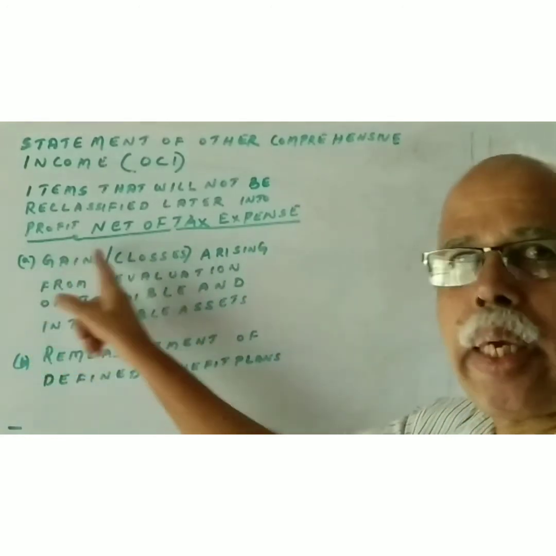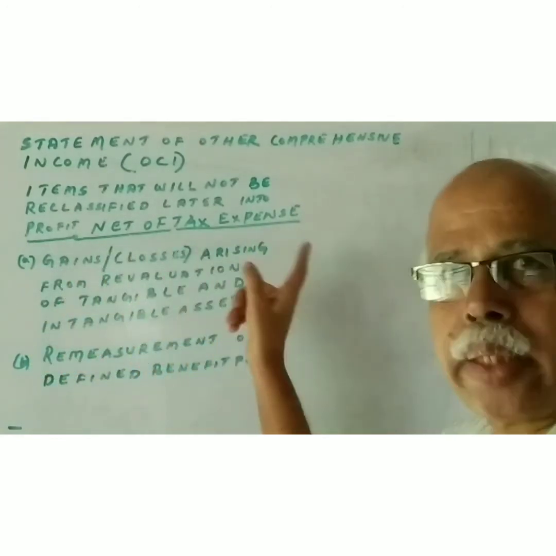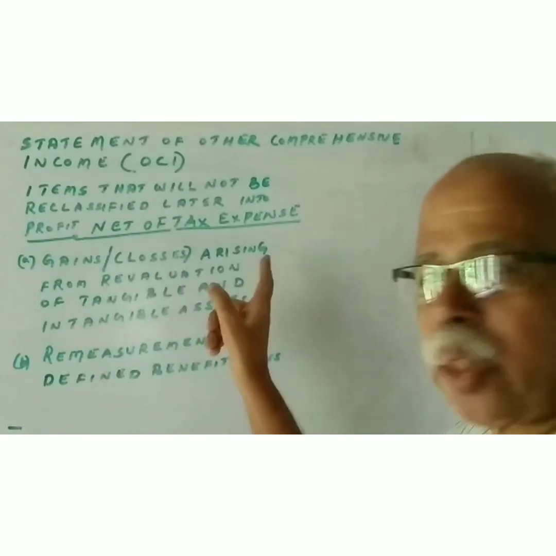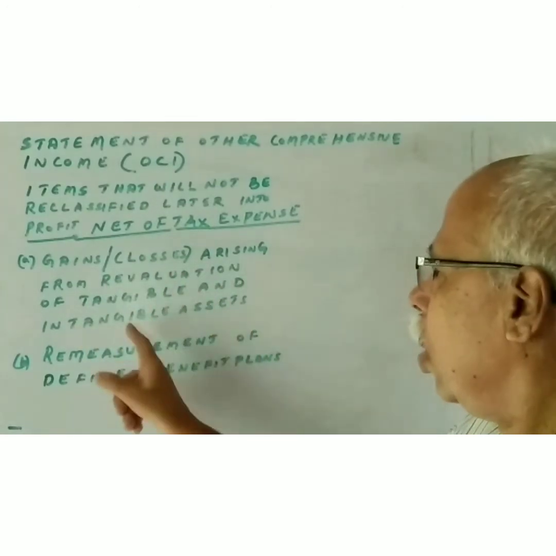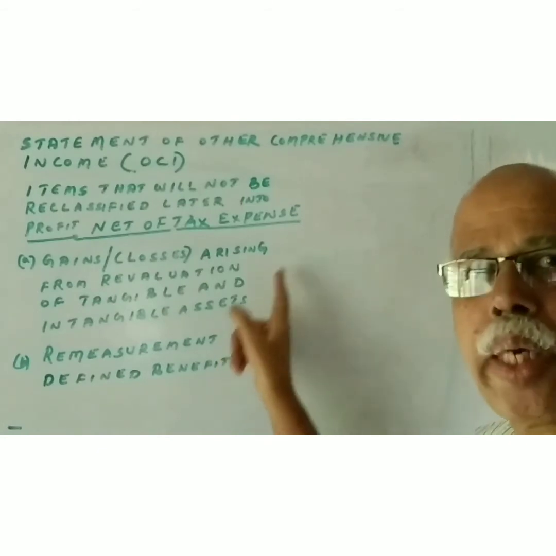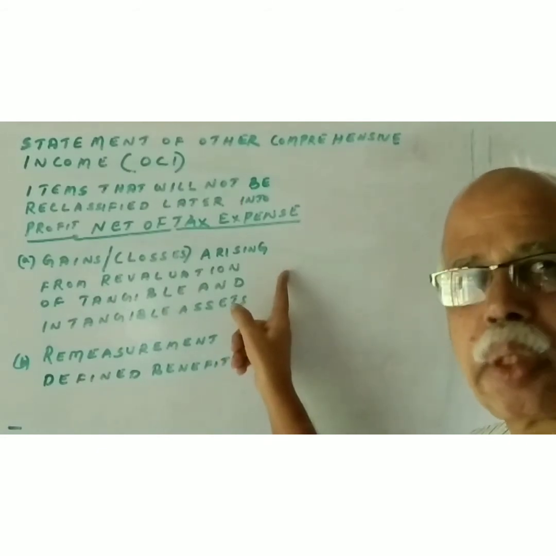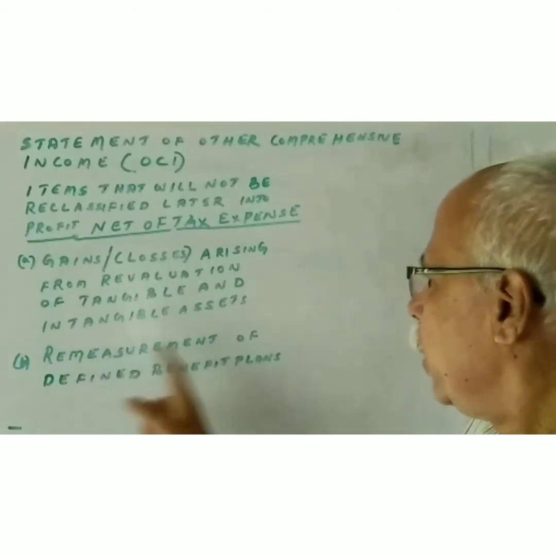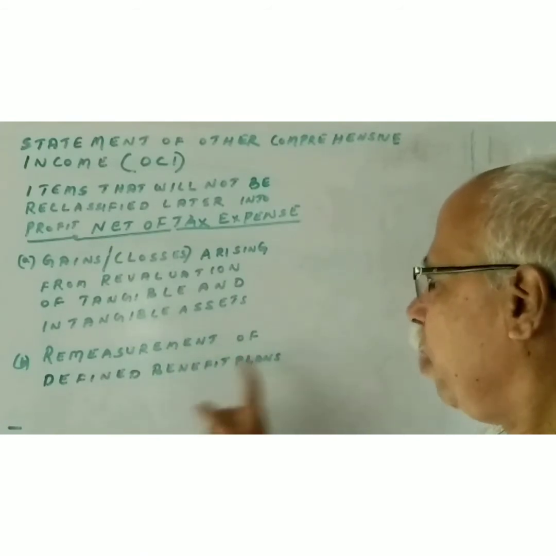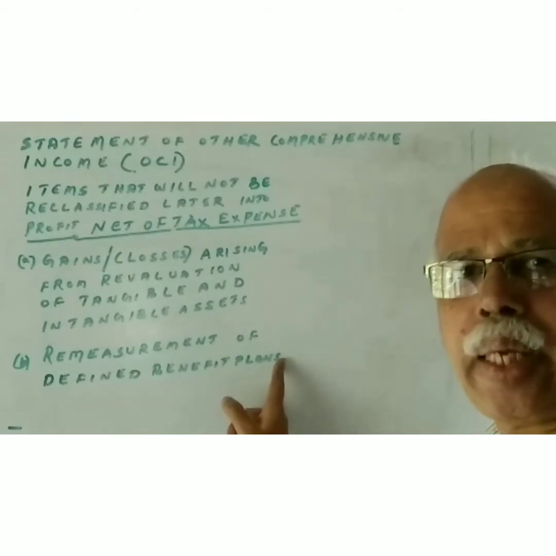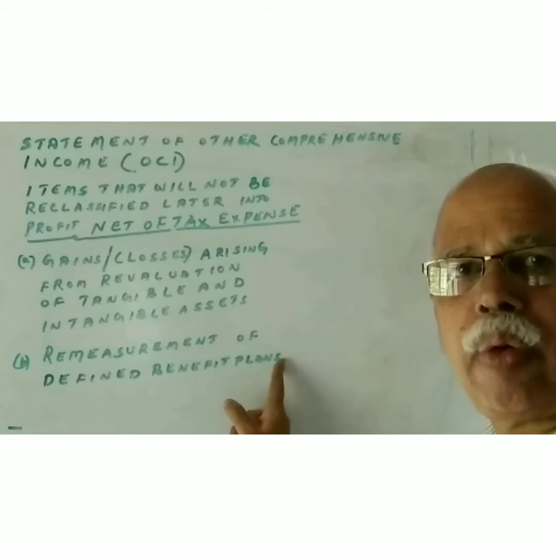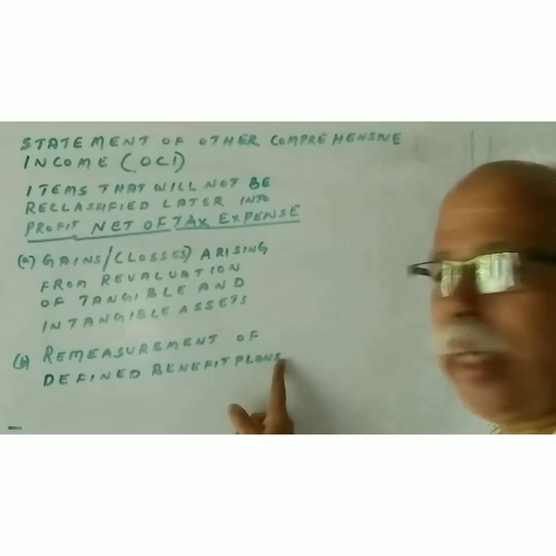Item A, gains or losses arising from revaluation of tangible or intangible assets, or in other words, revaluation reserve. Remeasurement of defined benefit plans. These are the employee plans for the long-term benefit of employees, like pension plan.